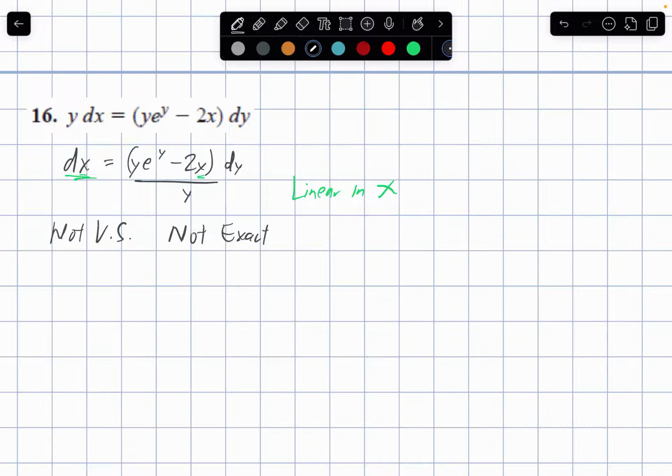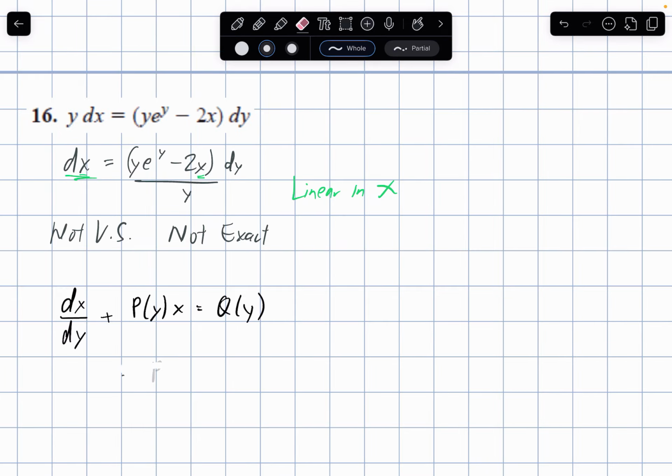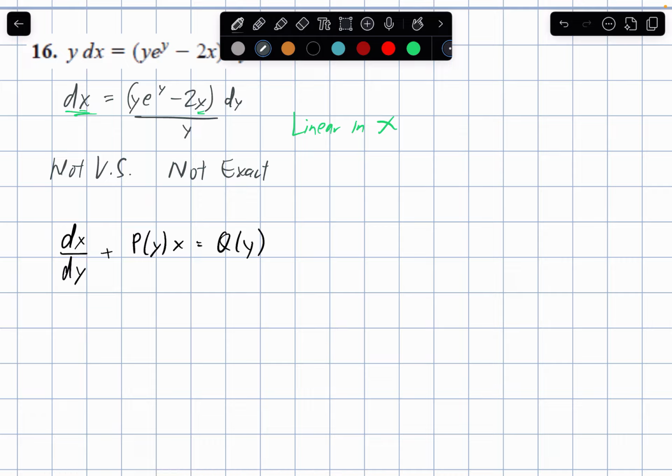Linear in x, so let's try to convert what we have right now into standard form. For linear in x, that is dx over dy plus p of y times x equal to q of y. Let's fix the equation first, then we can identify p of y and q of y. So divide both sides by y. Simplify.